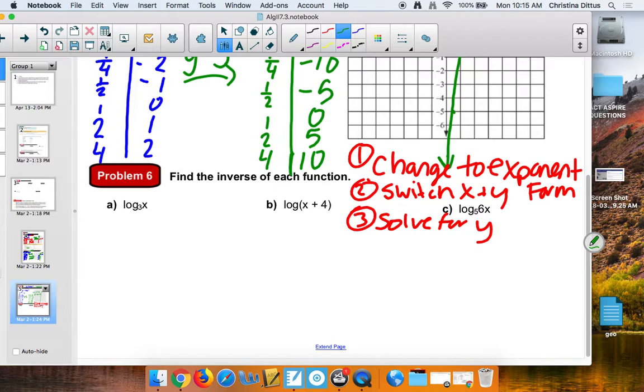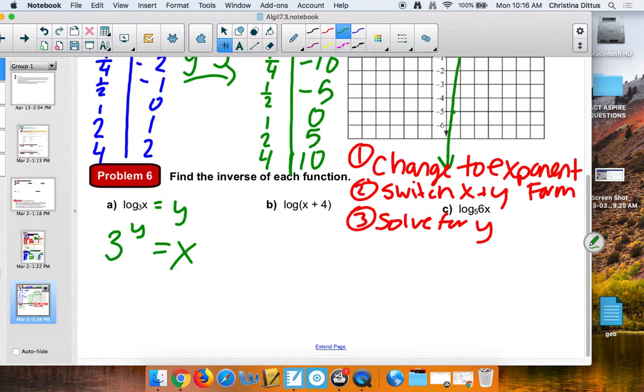Just like when we were graphing, these functions are equal to y. So the first thing I do is change to exponent form. If I have log base 3 of x equals y, what's my exponential form? 3 to the y power equals x.